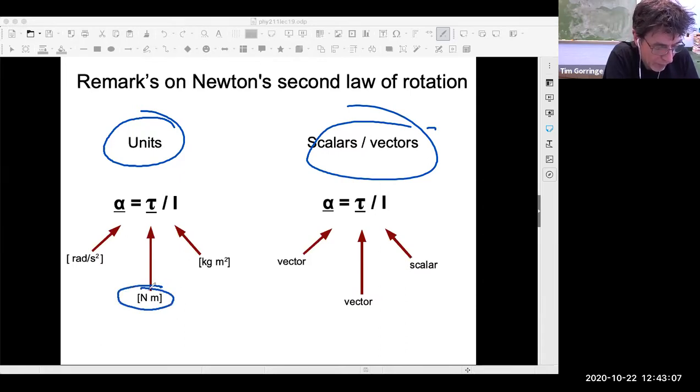We've already met that from the definition of torque in terms of force. So torque has units newton meters, force had units of newtons. So they're different. The units of the angular acceleration, that's radians per second squared. That's different from the units of linear acceleration, meters per second squared. And so those are different. The accelerations have different units.